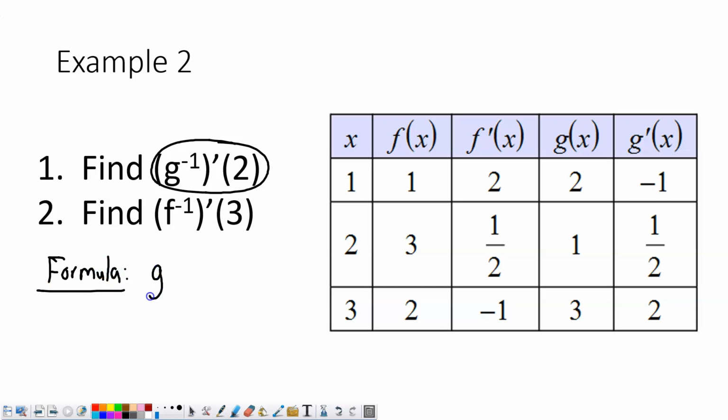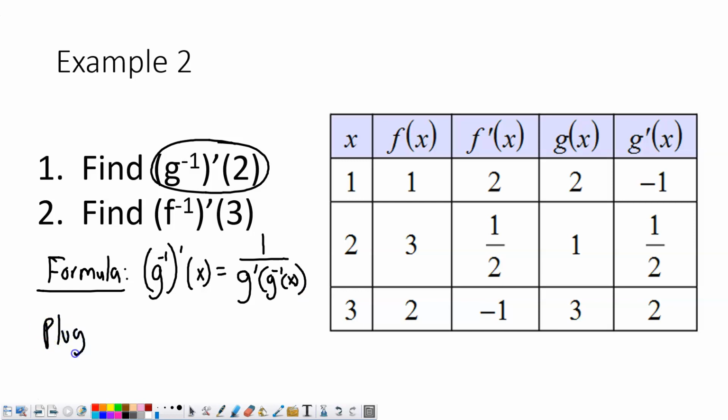So g inverse prime of x is equal to 1 over g prime of g inverse of x. Okay? After that, you're going to plug in the value that they give you. So in this case, they want us to do 2, so I'm going to plug in 2.